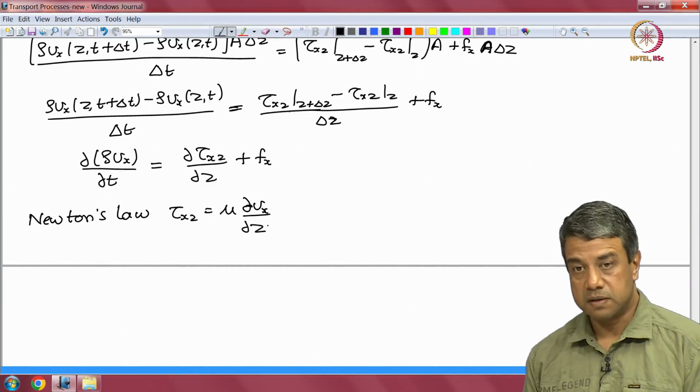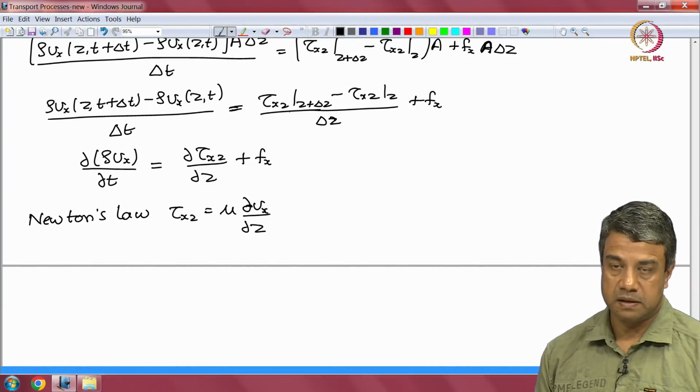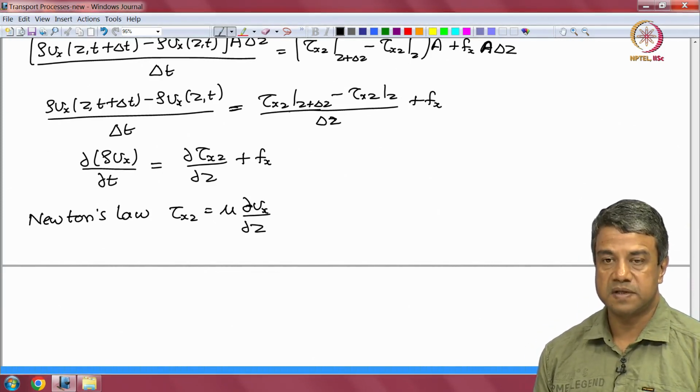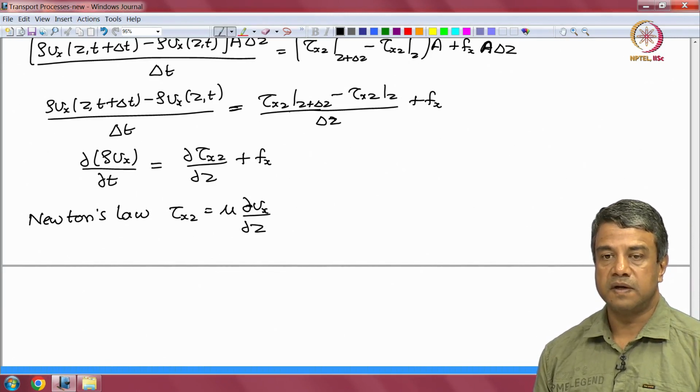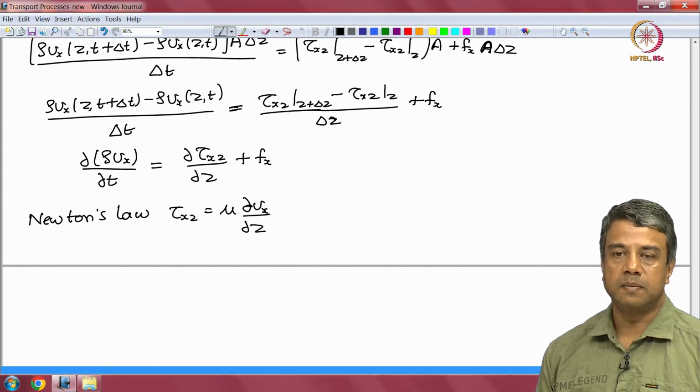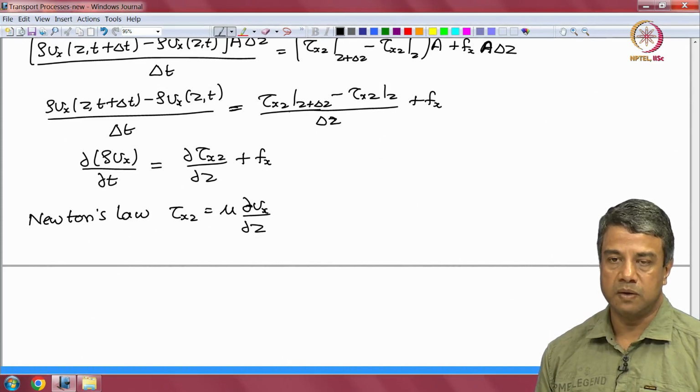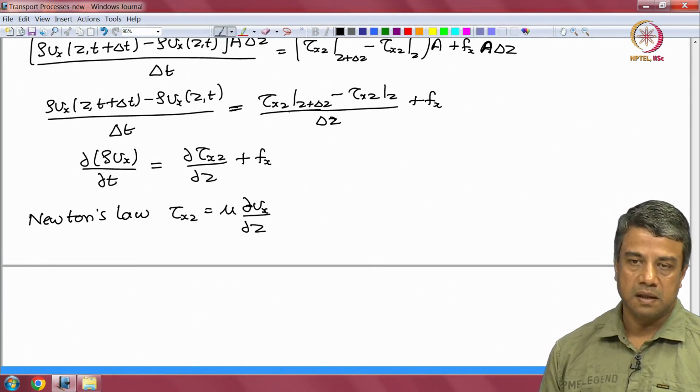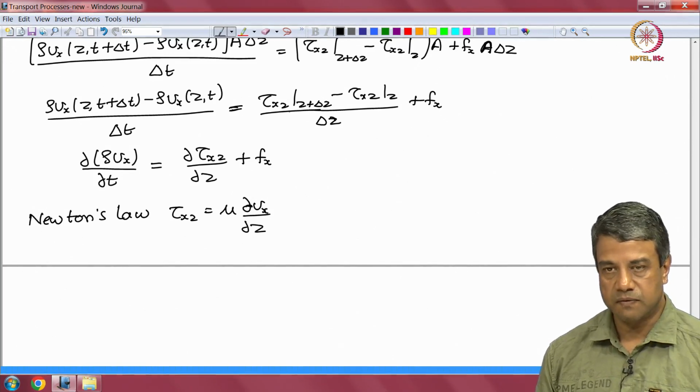Note that Newton's law does not have a negative sign in it, because we defined the stress as positive if it acts on a surface whose outward unit normal is in the plus z direction and thereby increases the momentum of the volume below, whereas heat and mass fluxes were defined as positive if they are in the plus z direction and increase the energy or mass of the volume above.